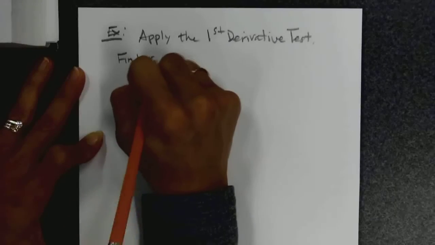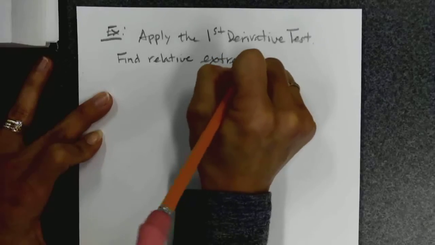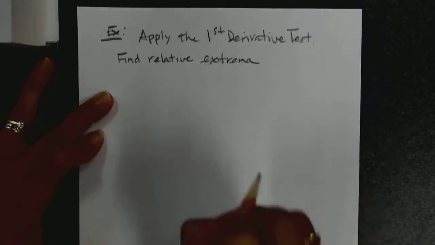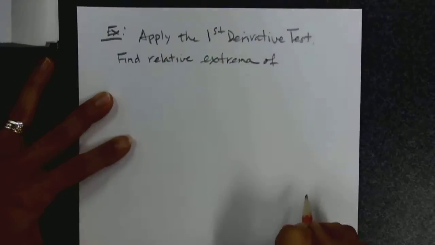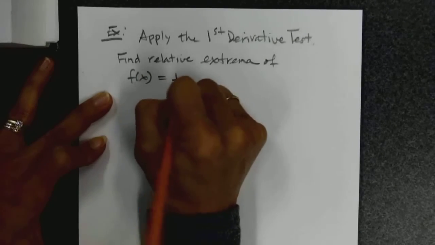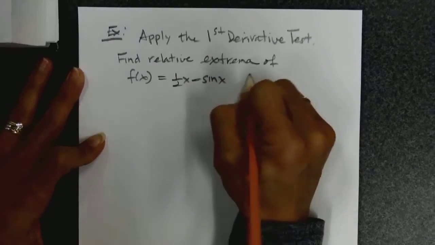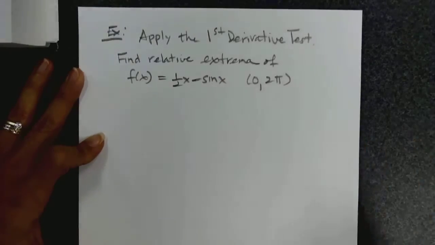It's going to say find relative extrema of f of x is equal to 1/2 x minus sine of x in the interval from 0 to 2 pi.